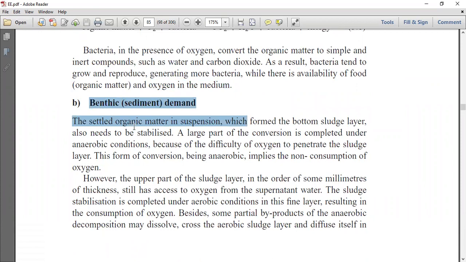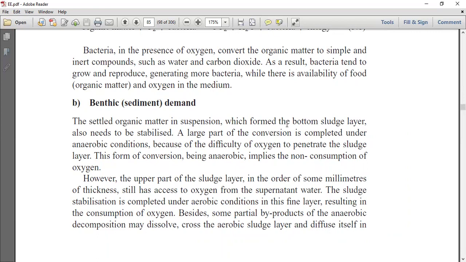Benthic demand: the settled organic matter in suspension, which forms the bottom sludge layer, also needs to be stabilized. A large part of the conversion is completed under anaerobic conditions. Because of the difficulty of oxygen to penetrate the sludge layer, this form of conversion being anaerobic implies the non-consumption of oxygen. However, the upper part of the sludge layer, in the order of some millimeters of thickness, still has access to oxygen from the supernatant water.